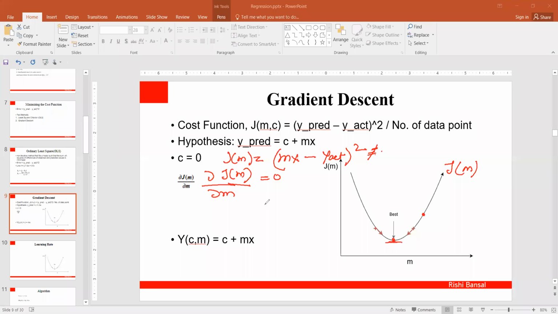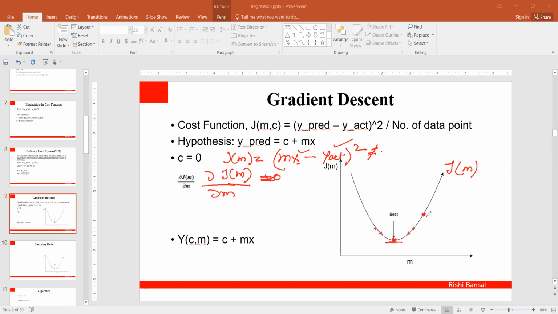But for that you need this x and y value. Here these are unknown, so we will not equate to 0. We just differentiate with respect to m and we will arrive at this point.